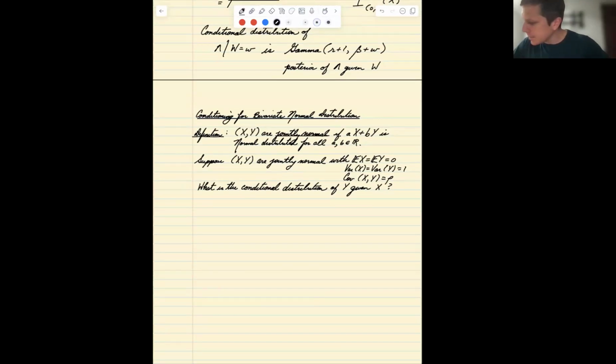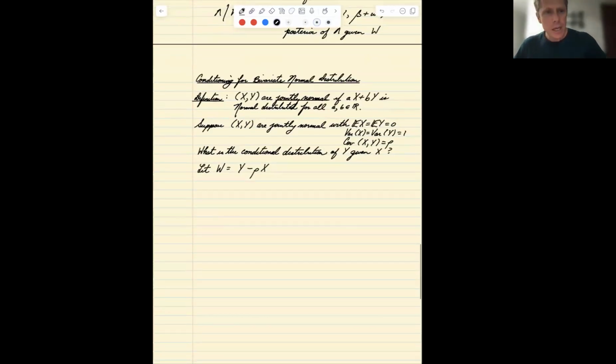Well, let's define a new random variable W to be Y minus rho times X. And the first observation should be that X and W are jointly normal. Why?